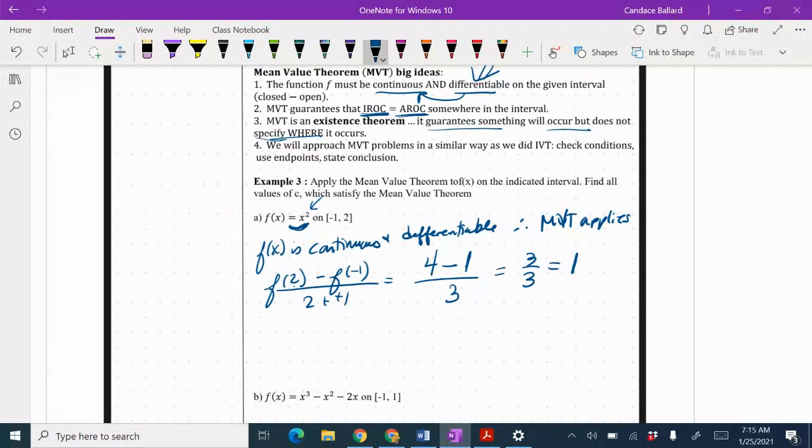Now in order to figure out my c value, I can take the derivative and set it equal to the slope. The derivative of the function equals 2x. I'm going to set that equal to 1. So 2x equals 1. So the value is 1/2, which is technically your c value. We could have put a c in there instead of x.